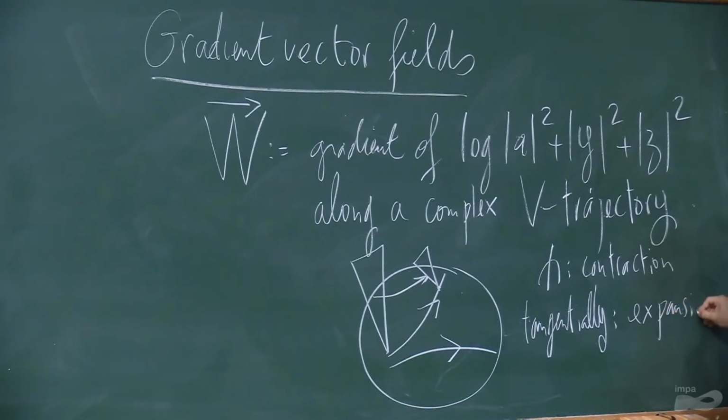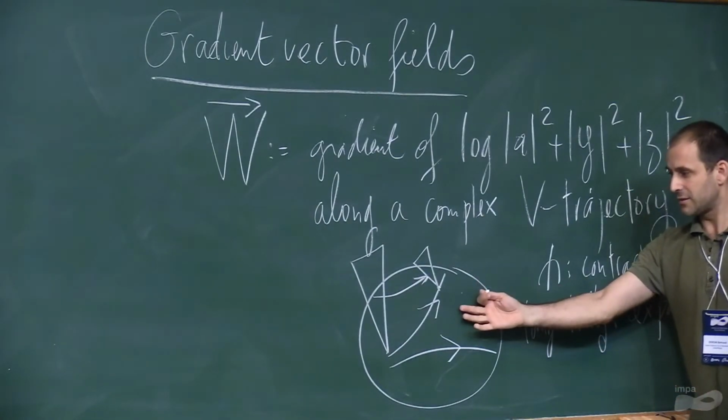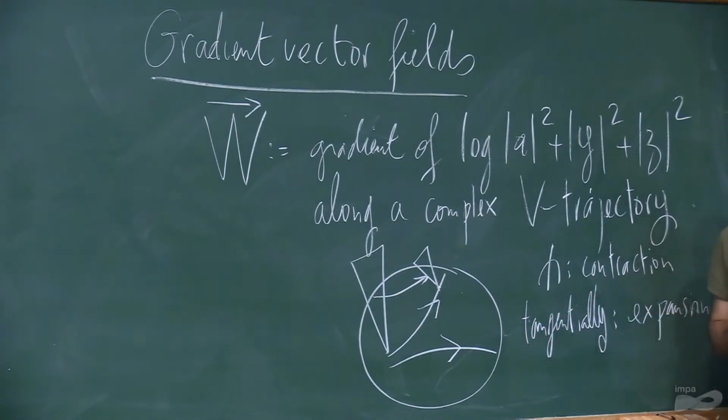And this is completely general. There is no assumption here. You can establish this property completely generally. You see that the leaves of the foliation are unstable leaves for these gradient vector fields.